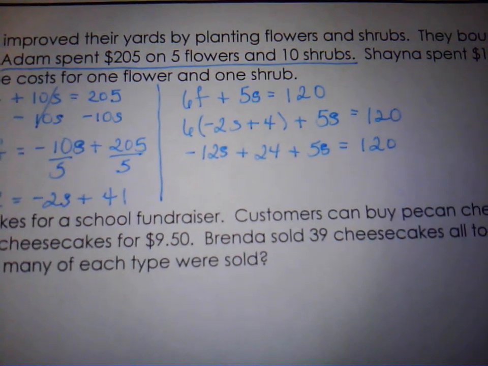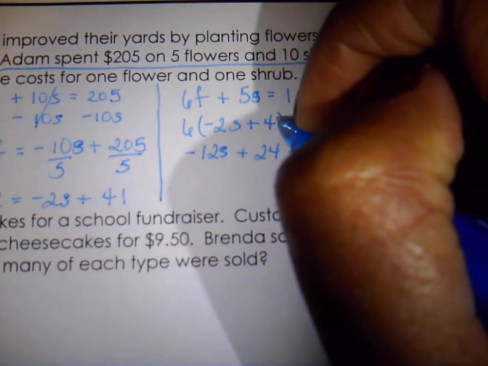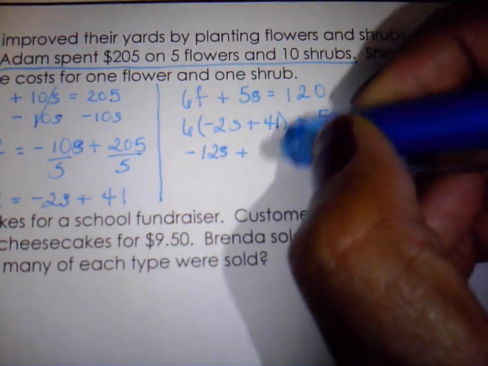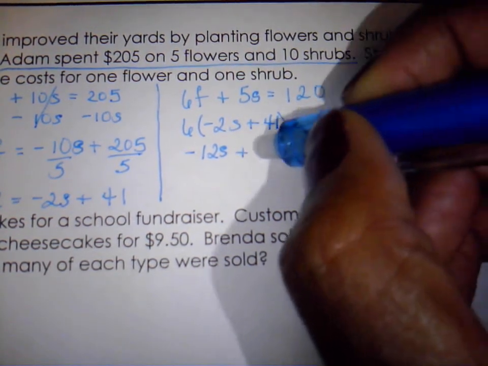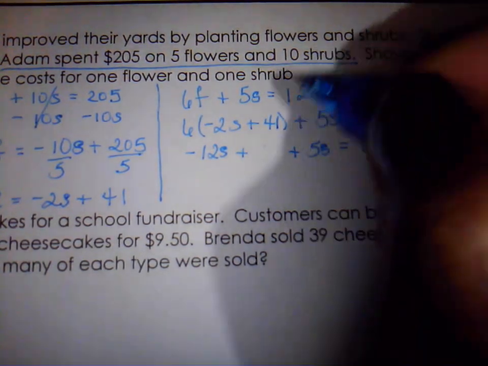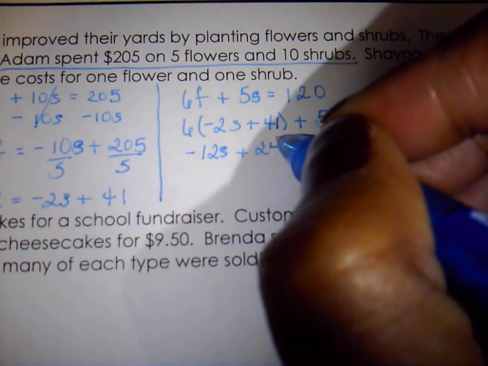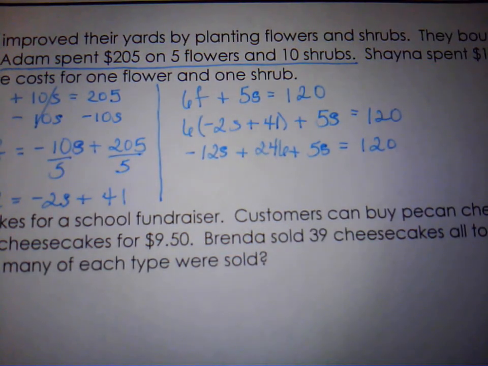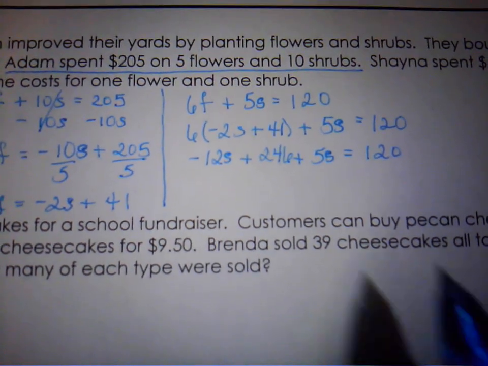All right, I've made a mistake and I put a 4 instead of a 41. So I'll put it here and correct it here. So is that going to be 246? All right, I apologize for the mistake. So now let's press on, shall we?